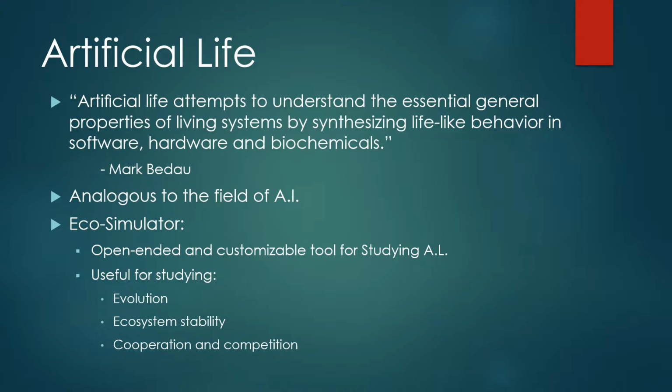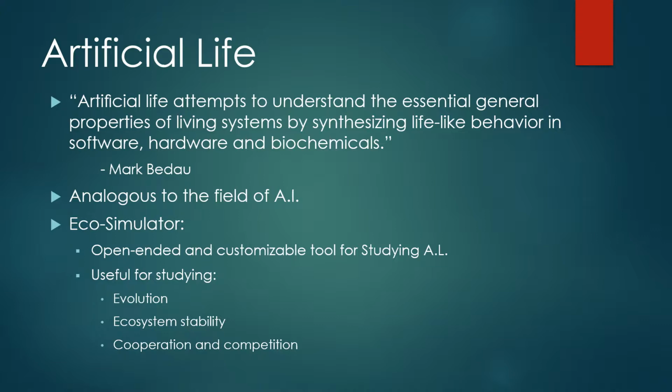For example, you might be interested in learning how cooperation or competition can emerge, or maybe how multicellular life might emerge from single-celled organisms. So in terms of my program, I've tried to create this really open-ended and customizable tool for studying various different topics in the field of artificial life.